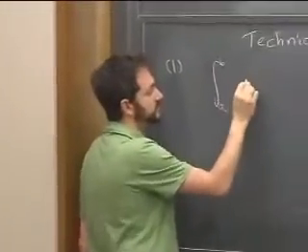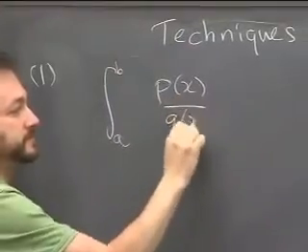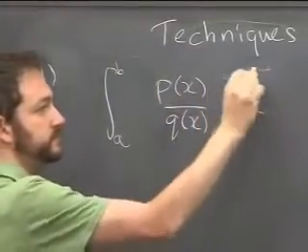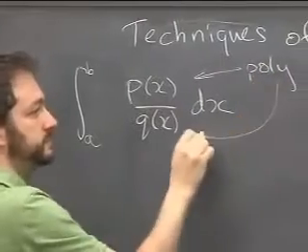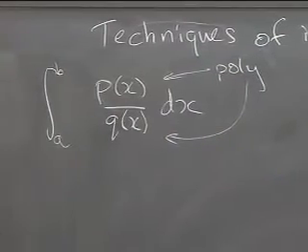So if you have a poly over a poly, if these are both polynomials, then probably you want partial fractions.